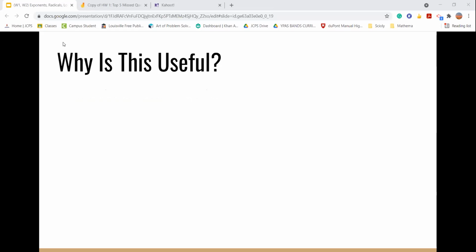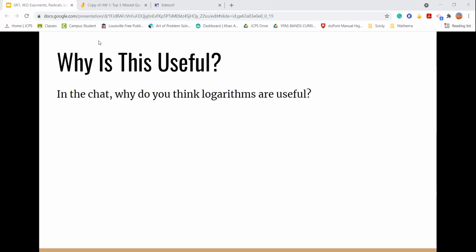Okay, so now we're gonna look at a discussion about why this is useful. So in the chat, take a guess if you want at why you think logarithms would be useful. And solving equations, like equations with powers, you could just use logarithms.